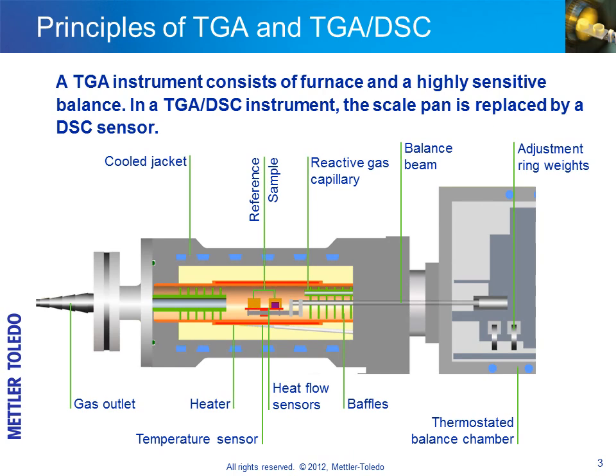In addition, the sample can be purged with a reactive gas that flows through a capillary located near the sample crucible. The volatile and gaseous combustion products from the sample, as well as the purge gas and reactive gas, leave the furnace through the gas outlet on the left. Analytical instruments can be connected to this outlet for evolved gas analysis.